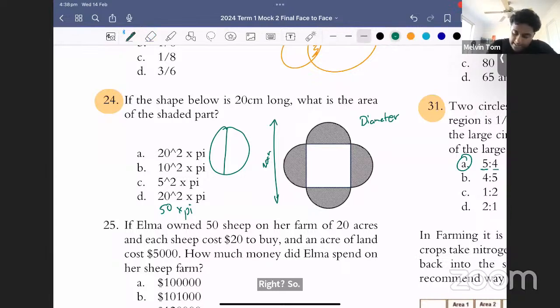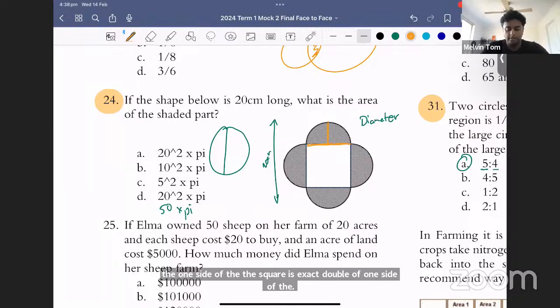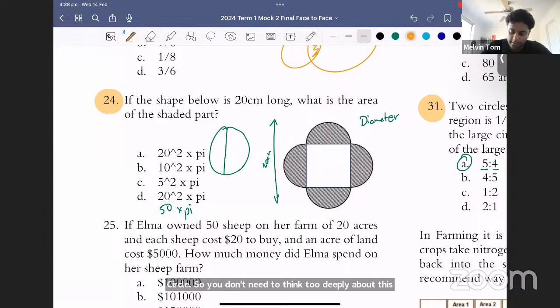So here we have the diameter, here we have the diameter, and here we have the radius. That means one side of the square is the exact double of the radius of the circle. You don't need to think too deeply about this, but all I'm trying to say is that this part is equal to 5, this part is equal to 10, and this part is equal to 5. So far, so good, Navi?